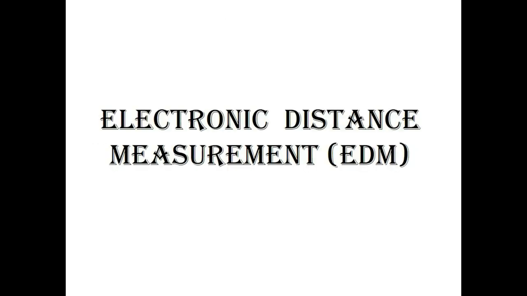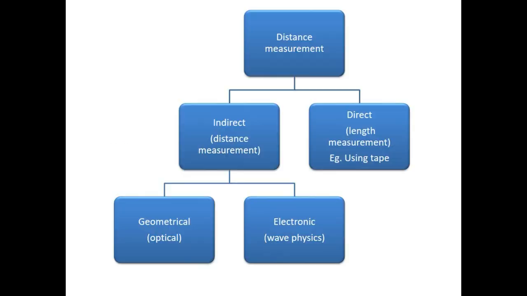Our next topic is electronic distance measurement or EDM. So we know that the distance measurement can be done in two ways, that is indirect distance measurement and direct distance measurement. So in direct distance measurement, we use tapes or chains to measure the distance. And in indirect measurement, it is divided again into two, that is geometrical and electronic.